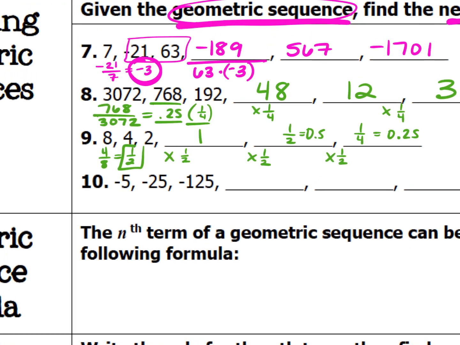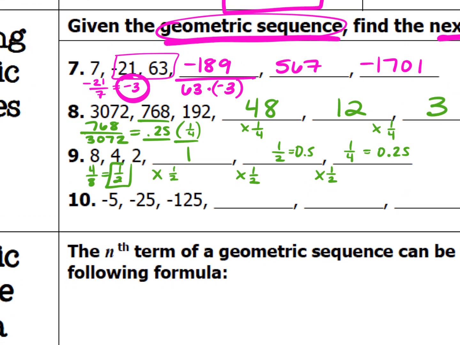Questions on that? Okay. Can I just show you something? Maybe you've noticed it already. On this one, now granted, positives and negatives change, right? But the number itself, if it was the absolute value of the number, the positive version of the number, if the number's getting bigger, you're multiplying by a whole number, right? If the number is going down, if the number is getting smaller, you're multiplying by a what?